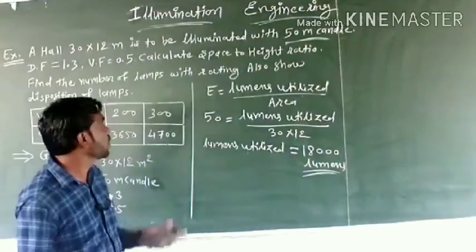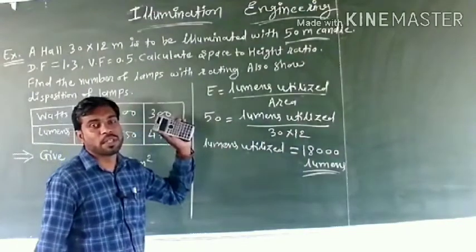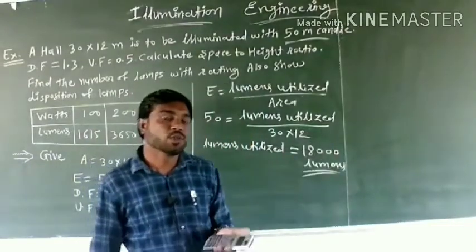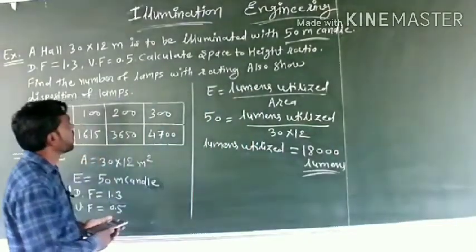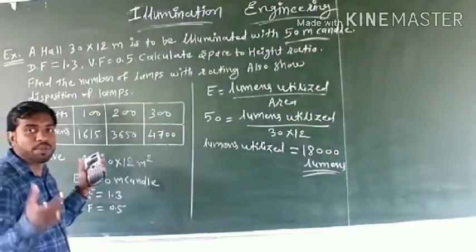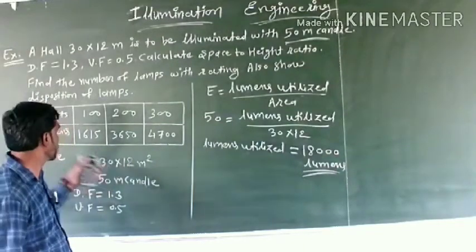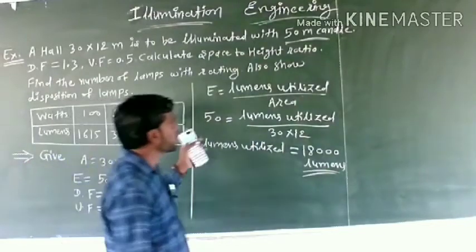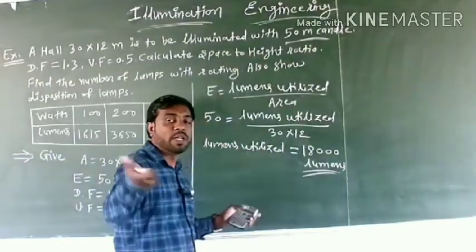But in the numerical, you have to calculate the number of lamps. For that you require the value of total lumen produced, because the table is given watt versus lumen. So first we calculate the value of lumen produced.